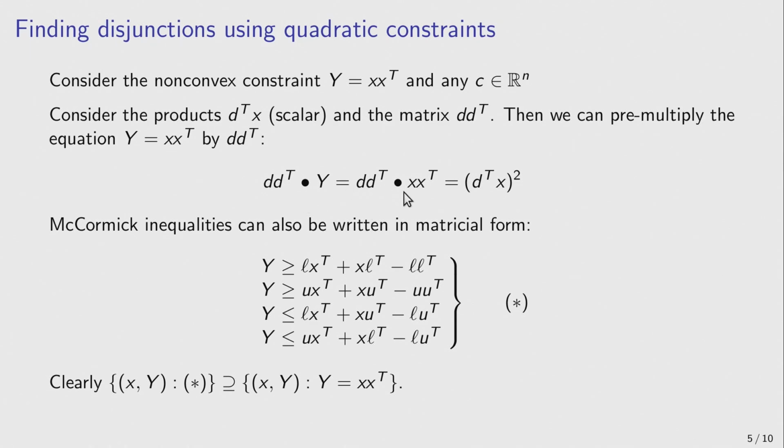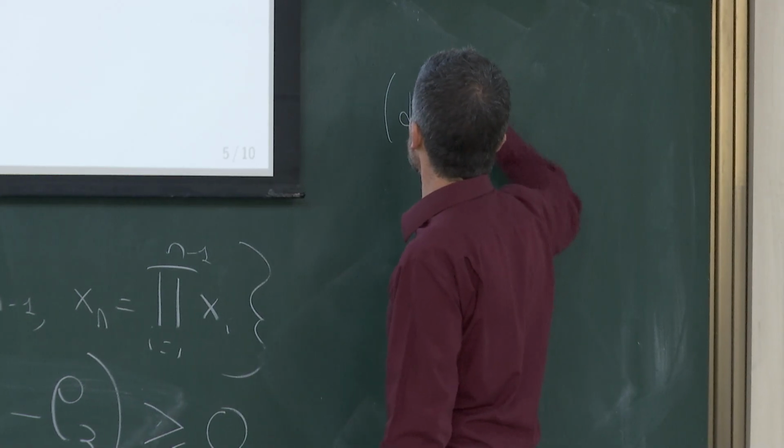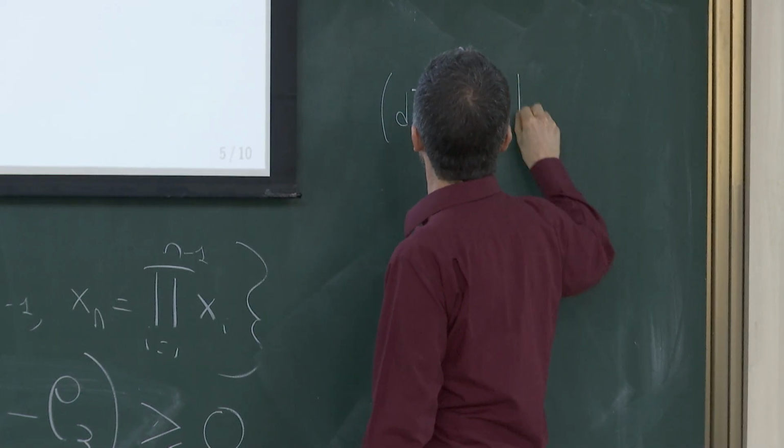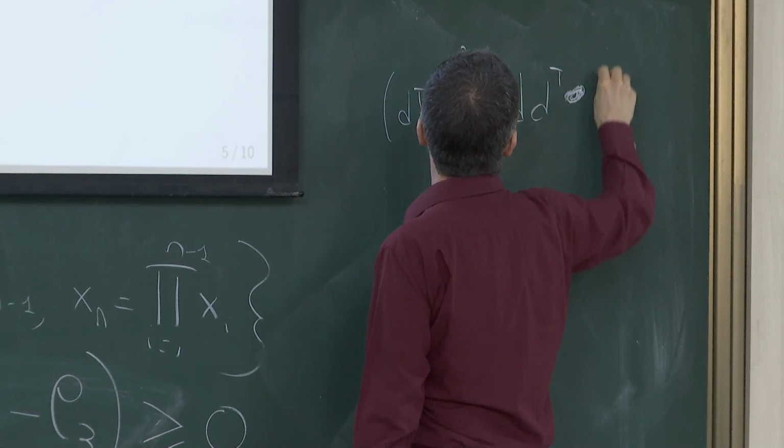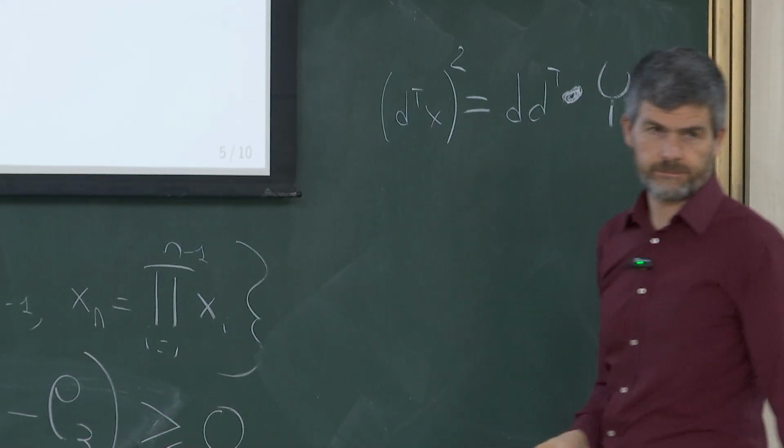But if you squint a bit, this thing can be rewritten as the square of an inner product between the two vectors D and X. You agree? So now you have a scalar quadratic constraint: D transpose X squared equal to D transpose inner product Y.